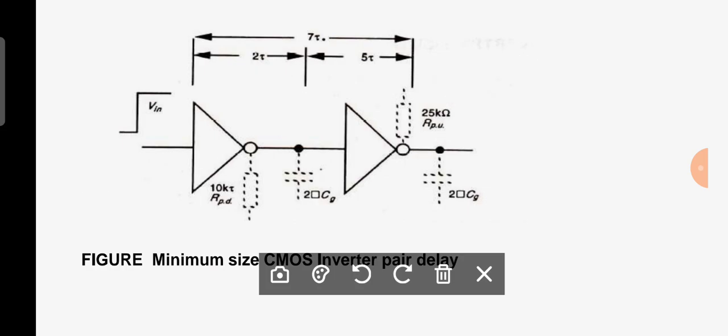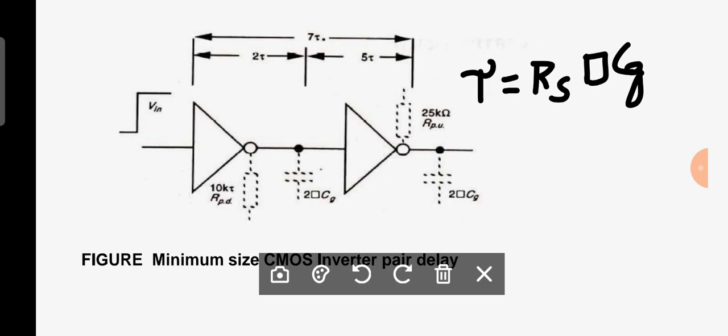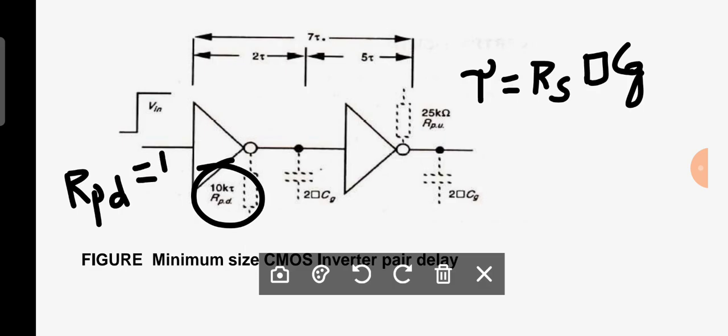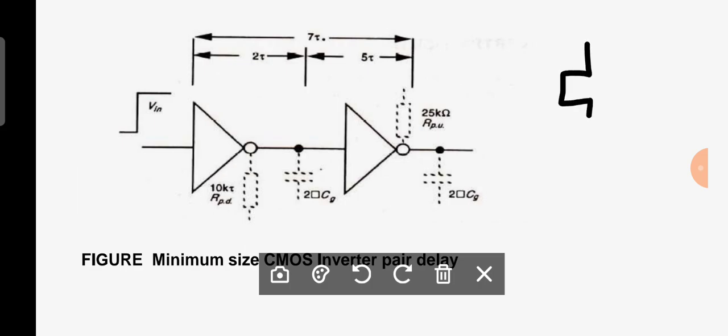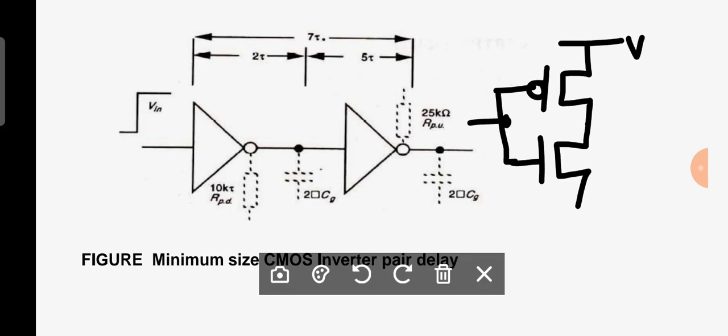I hope that is clear. Now we know how to find out tau. Tau is equal to Rs times the standard unit of gate capacitance. Now first of all, just observe here, this is your CMOS inverter.